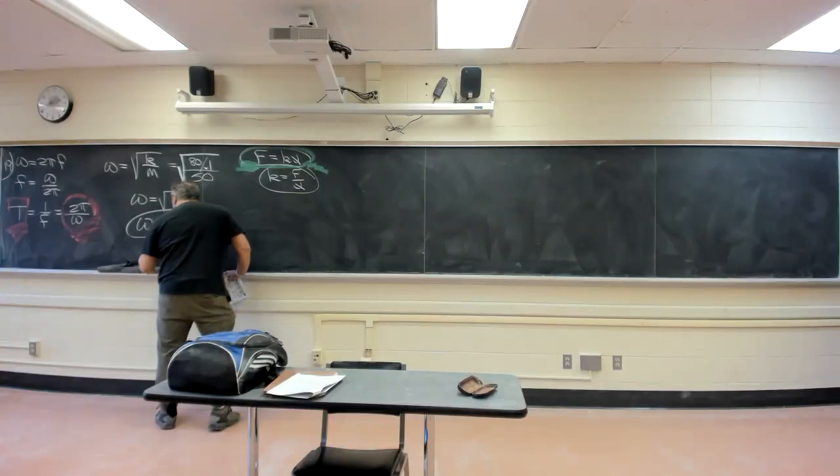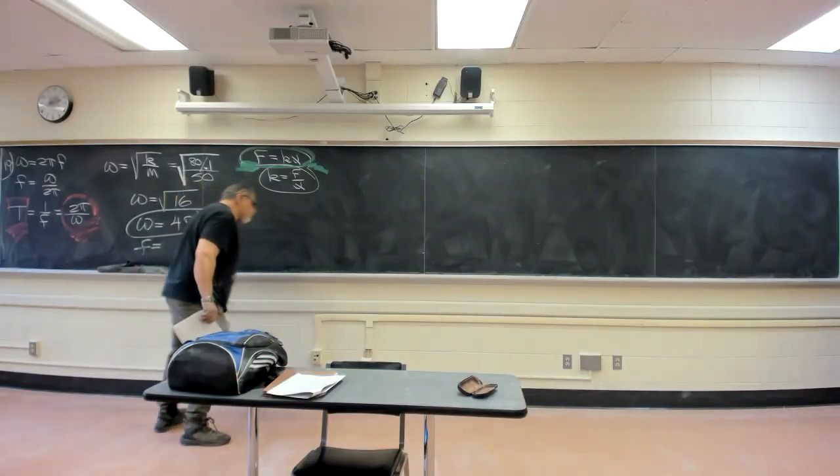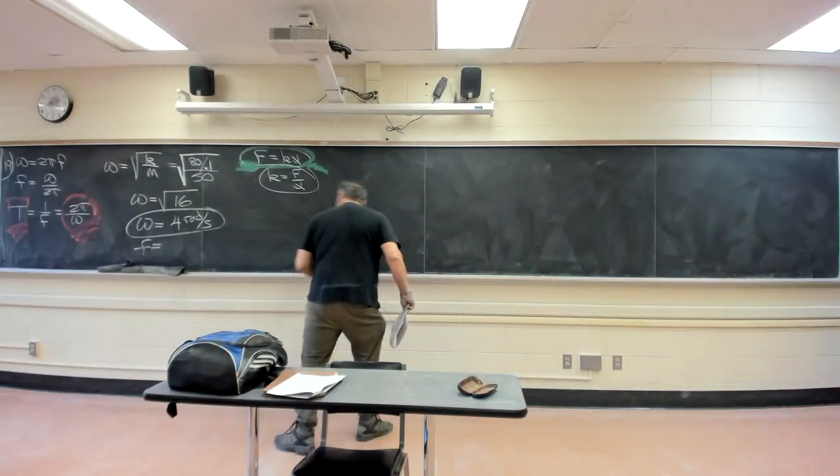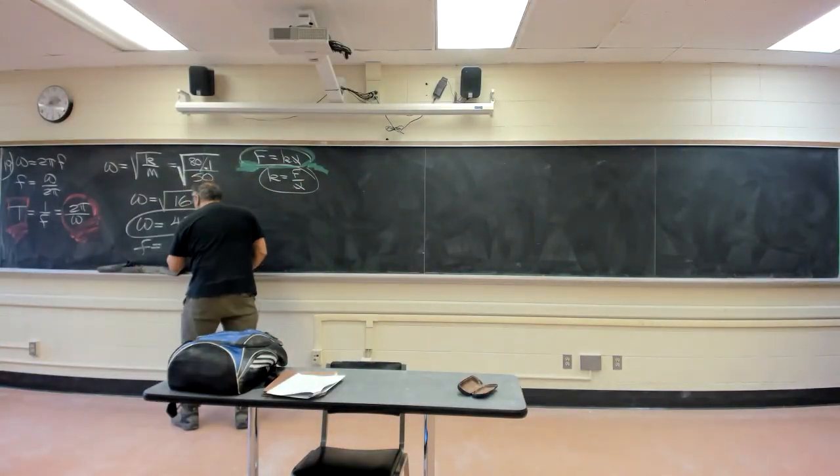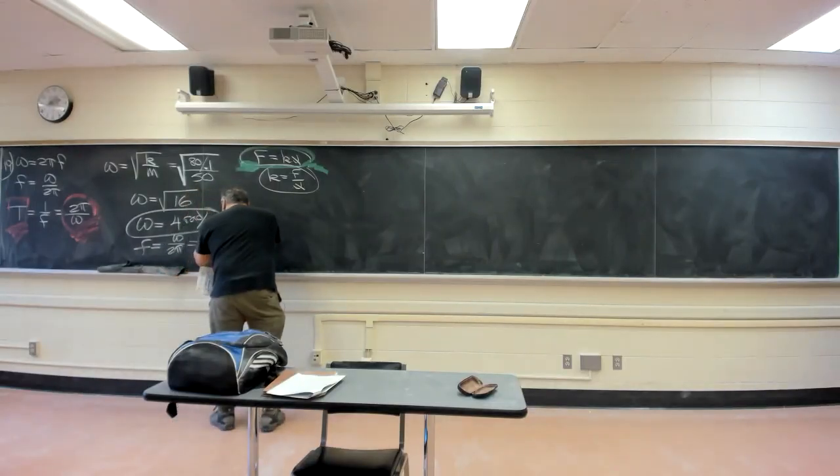Now what? Well, f is omega over 2 pi. Omega is 4, right? Omega over 2 pi.